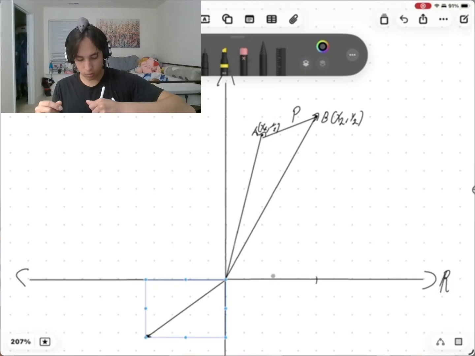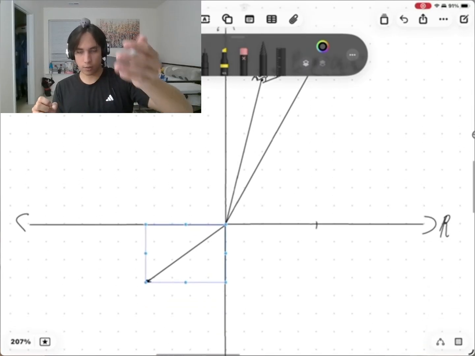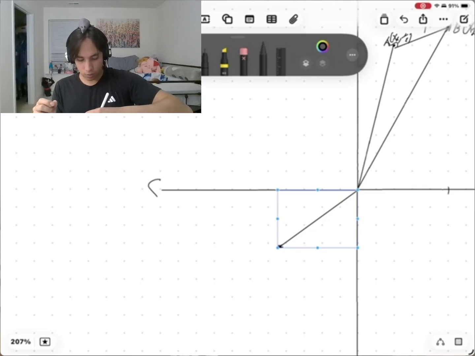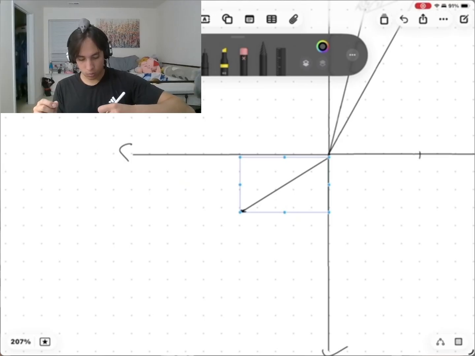So it's 1, 2, 3, 4, 5, and 1, 2, 3, 4, 5, 6, 7, 8, 9. Okay, 5, 9. This is going to become negative 5, negative 9. So we go over here, 1, 2, 3, 4, 5, and 1, 2, 3, 4, 5, 6, 7, 8, 9. It's not staying, so I'm just going to keep it like that.